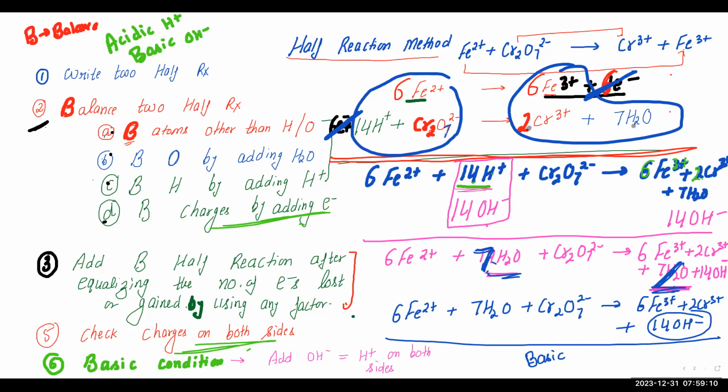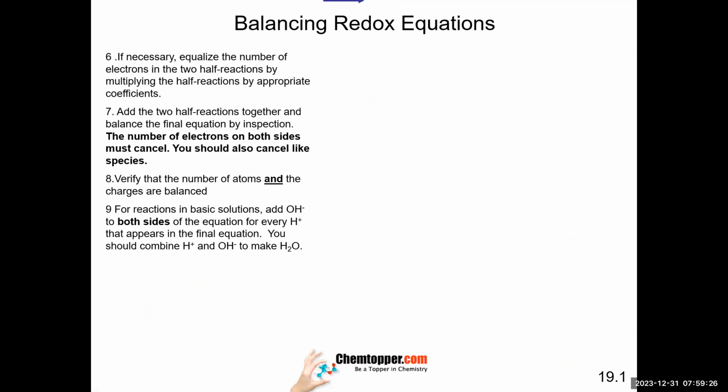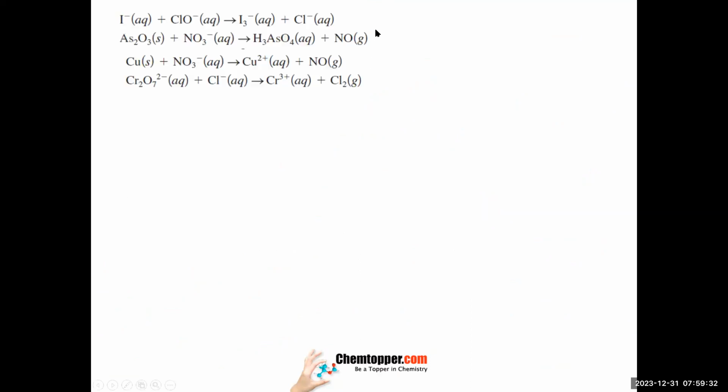I'm going to show you some equations in the presentation here. So this equation we did. These were the rules, but I've given you in more simplified way. The method which I have used, they have less language. You can easily understand. These are the equations which I want to practice. Which one you want to pick up?